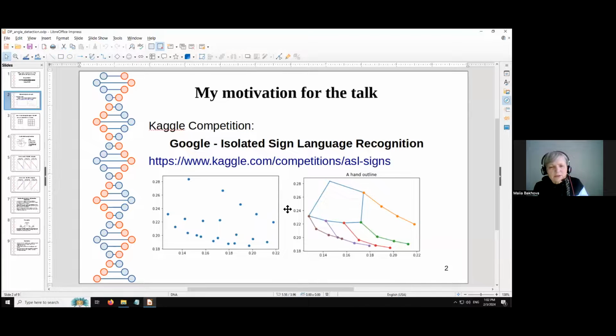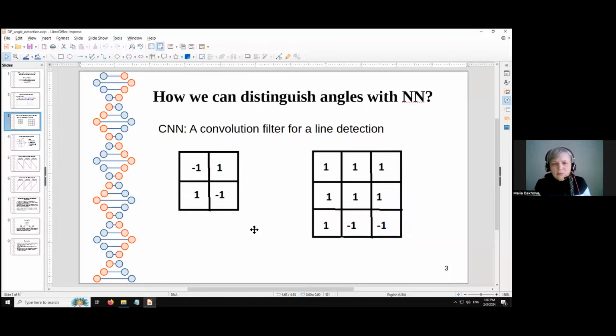Okay, so let's talk about convolutional neural networks, and how we can use them in such a case. The problem with convolutional neural networks is that, for example, if you have a 2x2 filter, then what you can detect is horizontal and vertical lines, and some lines which are not quite horizontal and vertical, kind of diagonal.